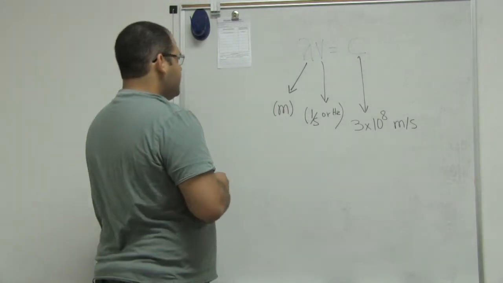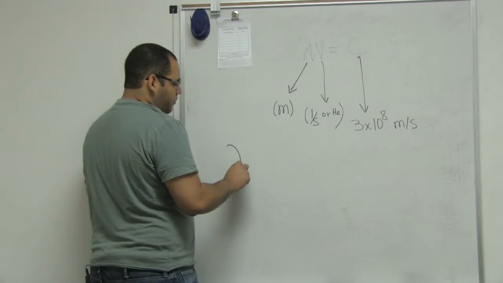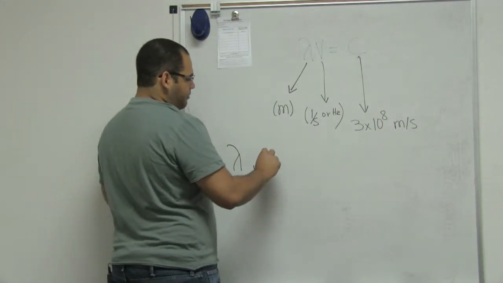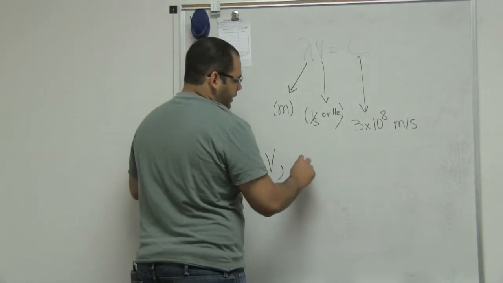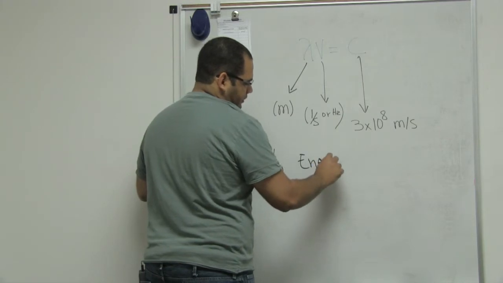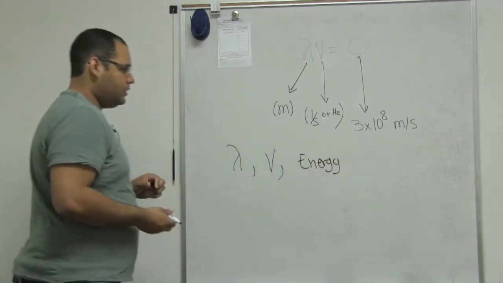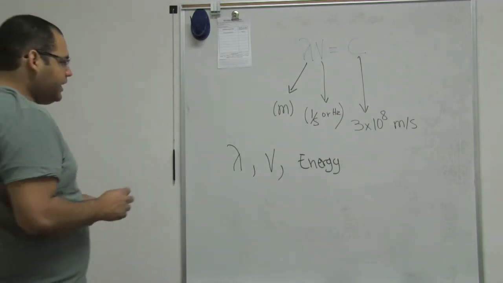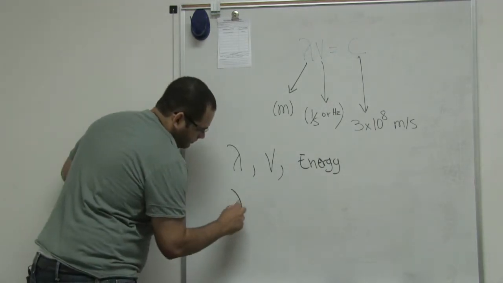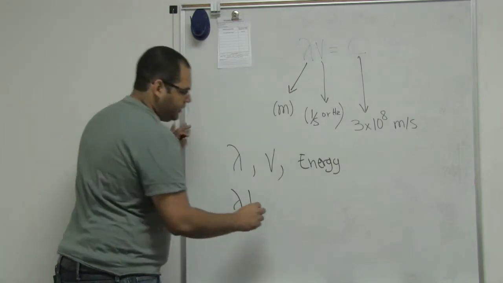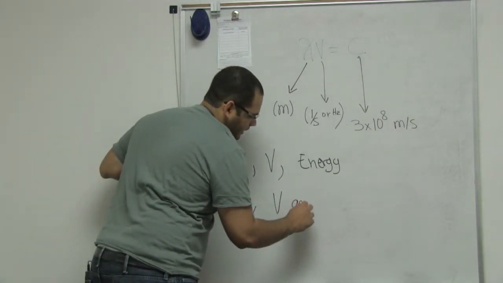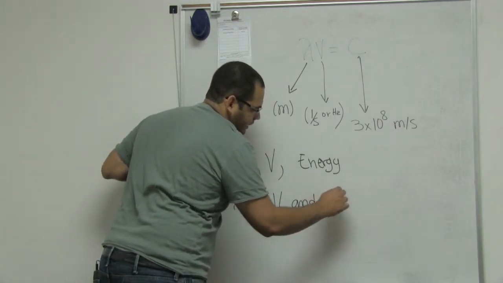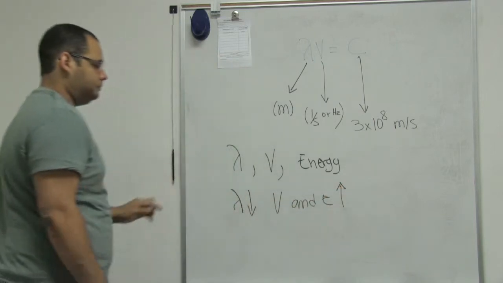What is the relationship between my wavelength, my frequency, and the energy? What is the relationship between these three guys? Well, when wavelength goes down, frequency and energy goes up.